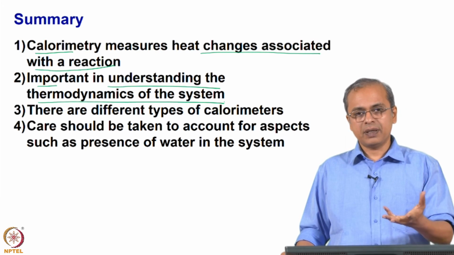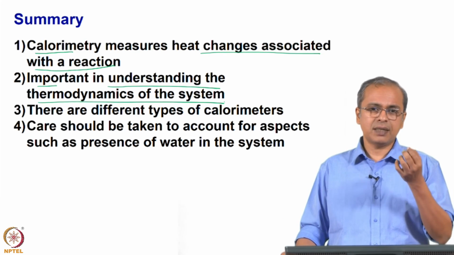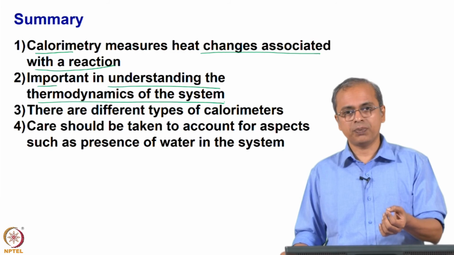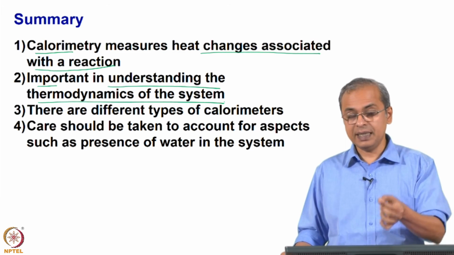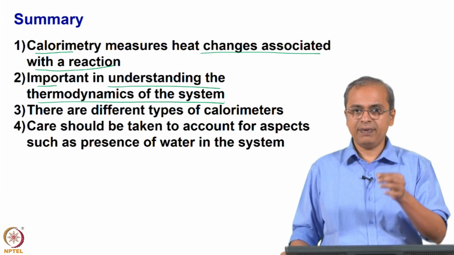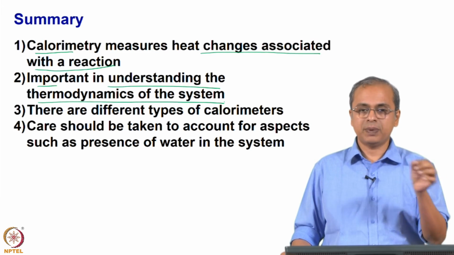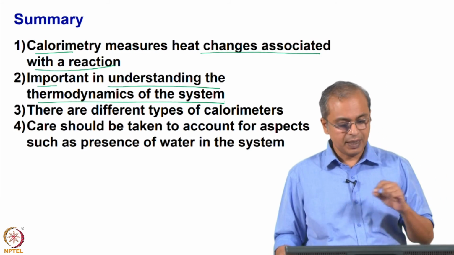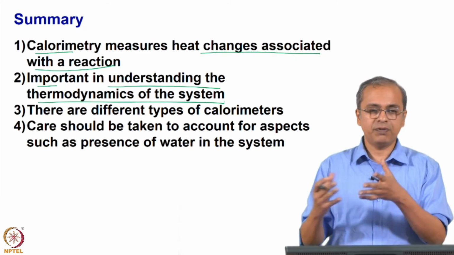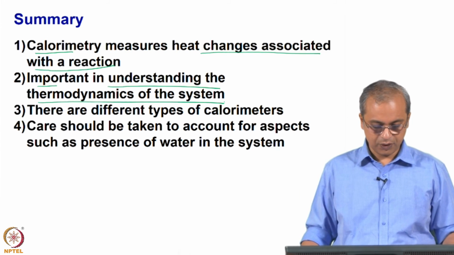So, the difference primarily lies in exactly how much of a temperature drop or increase you measure. You may be off a little bit, and that will change the value of delta H that you think you have arrived at, with respect to what has actually happened in the system, and that is why your experiment may differ from what is there in the literature. That is the point that you have to remember.